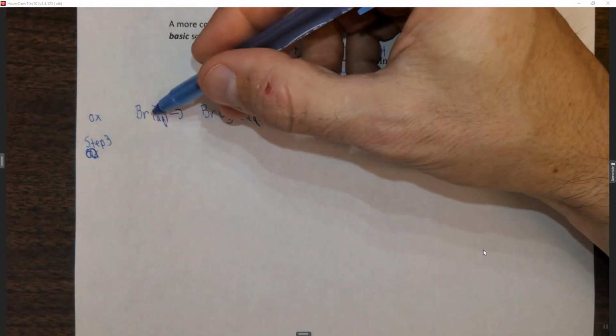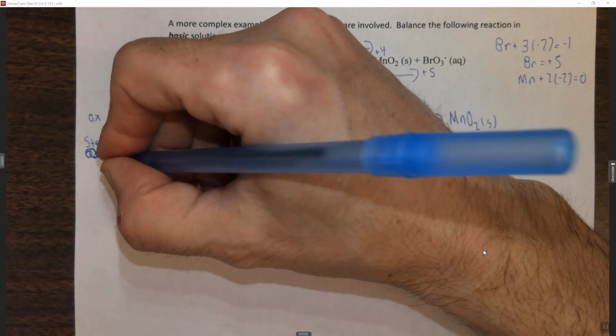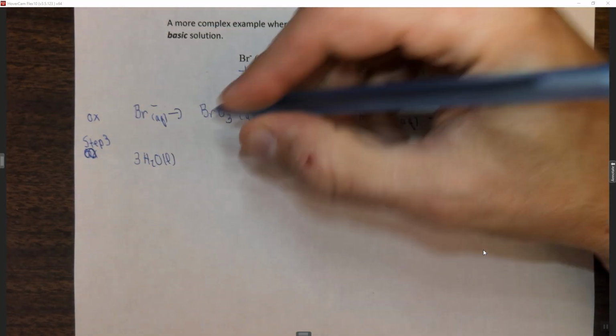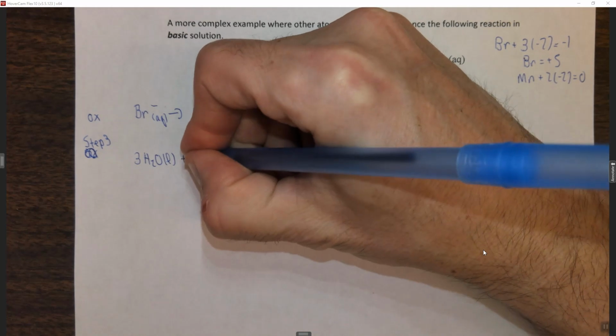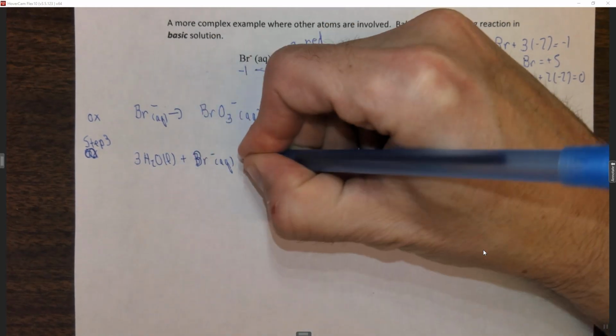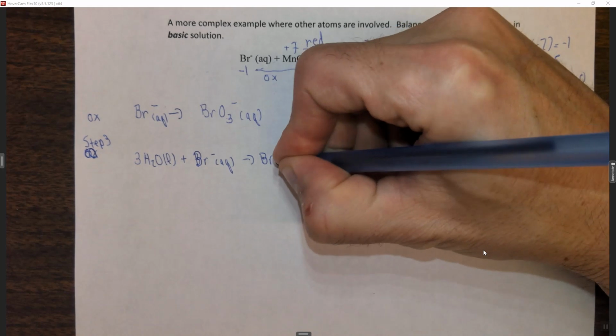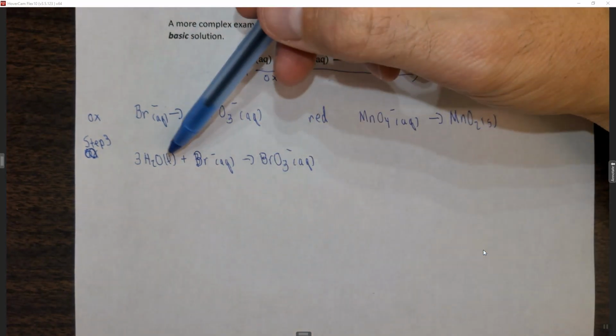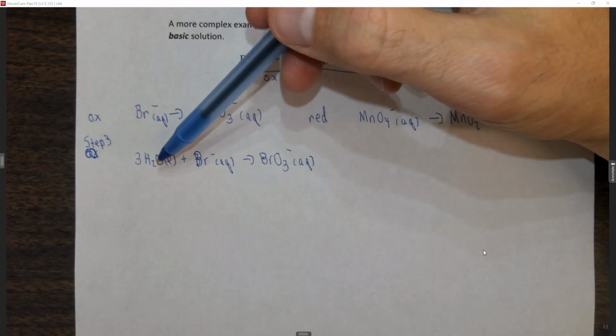So the first thing we want to do is balance out our oxygens. So we want to add 3 H2O liquid to make these oxygens: Br⁻ aqueous plus 3H2O yields BrO3⁻ aqueous. Then after we've done that, we want to balance out with H+.